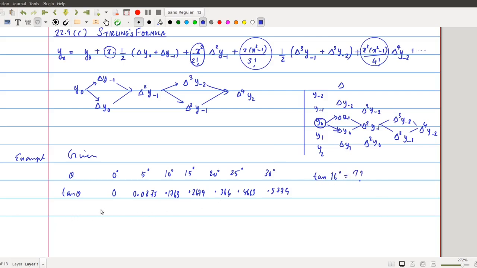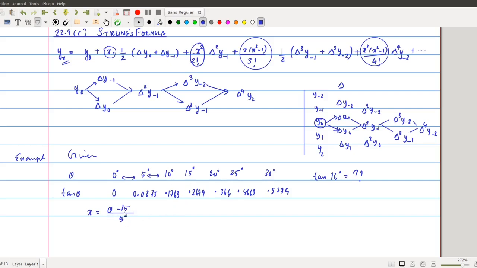Now in order to evaluate tan 16, we first need to set x. So we write x equal to (theta minus 15) by 5, because the interval is of length 5.